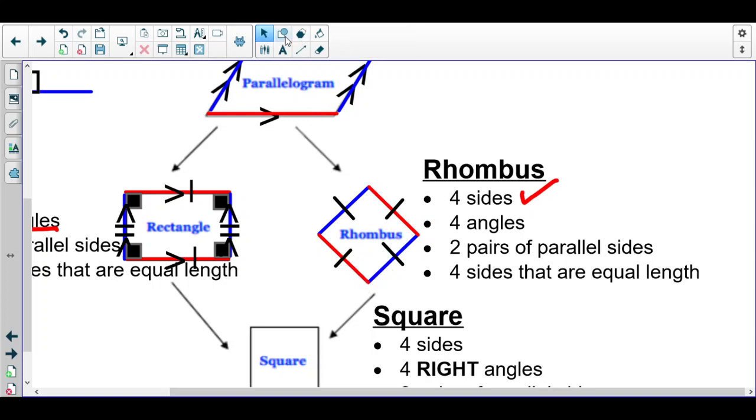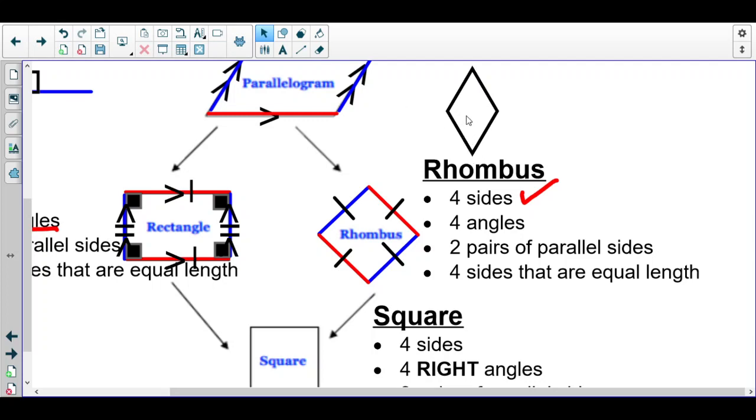All right. And so for this example right here, probably a better example of what a rhombus might look like, it could look like this, as long as the sides are the same length. So that too, that also is a rhombus.